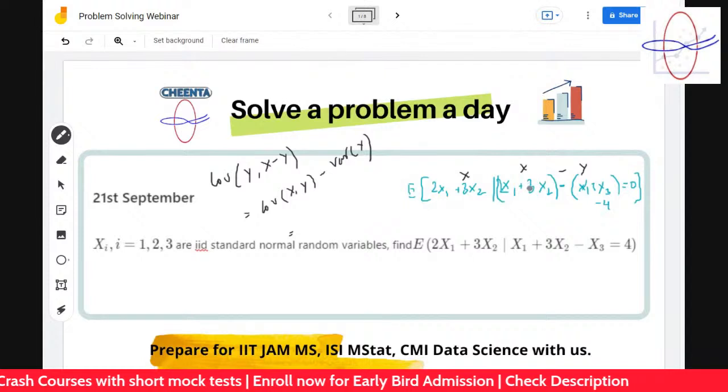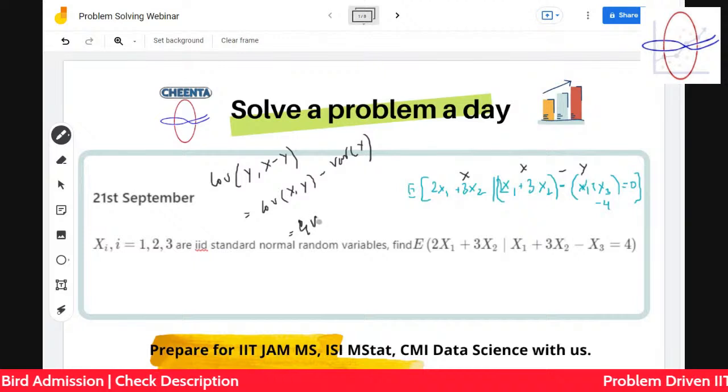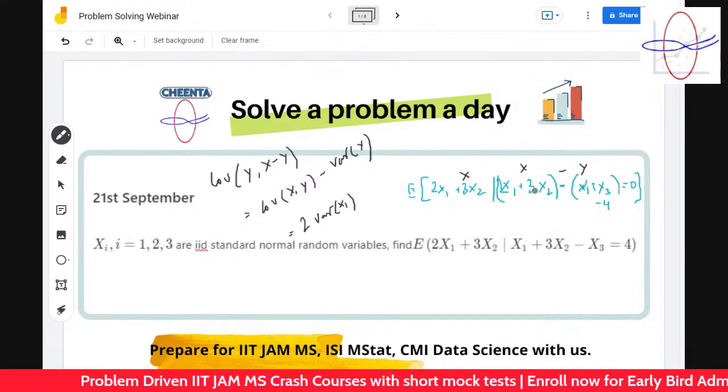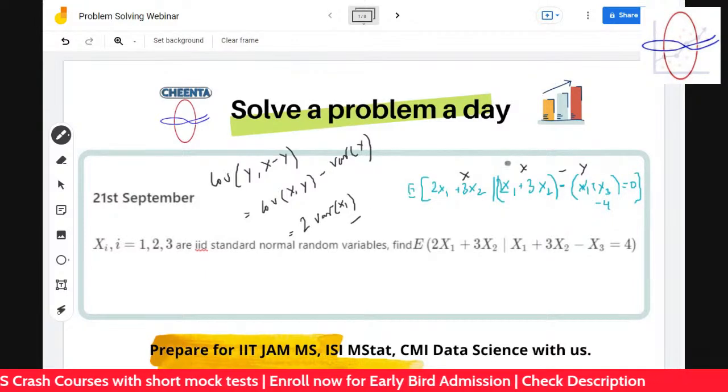So covariance of x, y is what? 2 times variance of x1, right? Nothing else is there. Only x1 is there. Minus variance of y is what?